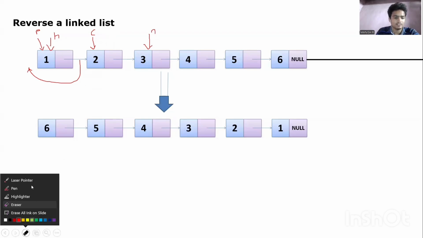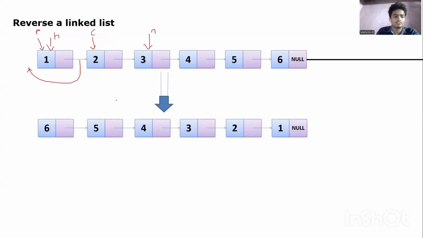Then current of next is equal to previous, so it will point to this node. We make previous equal to current, and current equal to next, so current will come here. Again the while loop continues, current not equal to null.